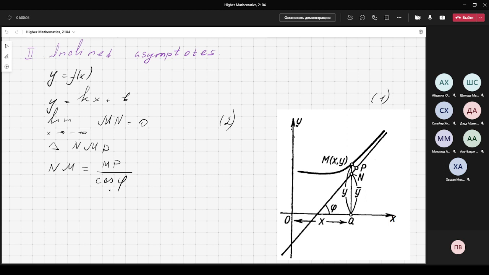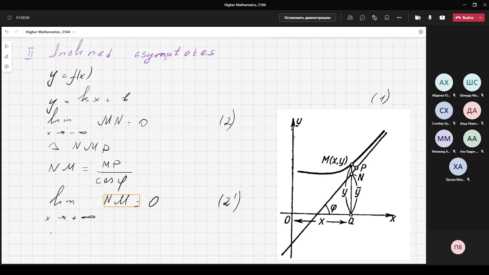Since phi is a constant angle not equal to pi over 2, by virtue of the foregoing equation, the limit as x approaches plus infinity of NM equals 0, formula 2 prime, and conversely from 2 prime we get 2.